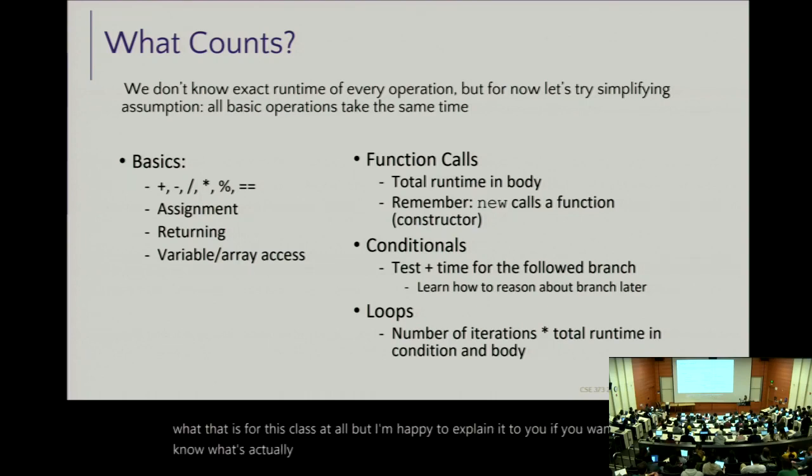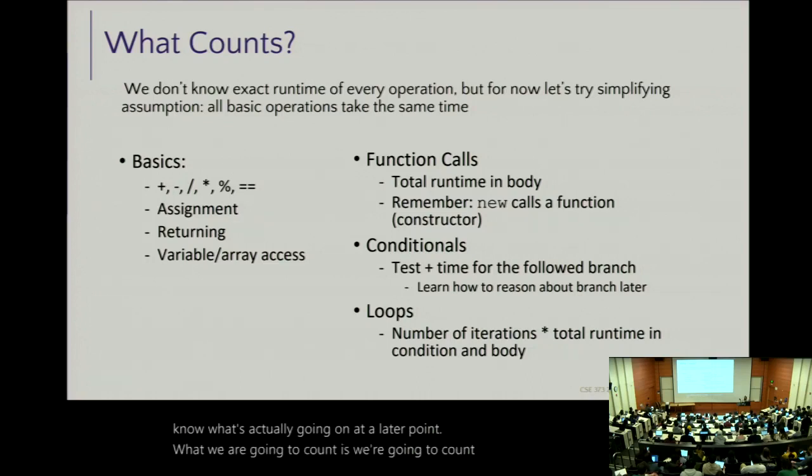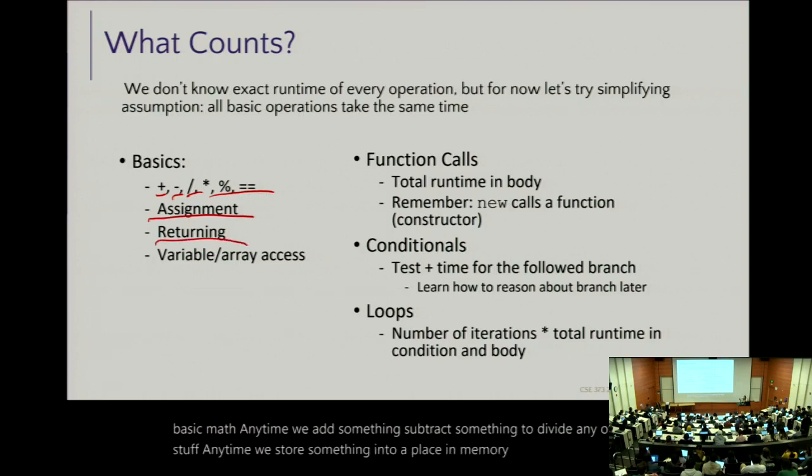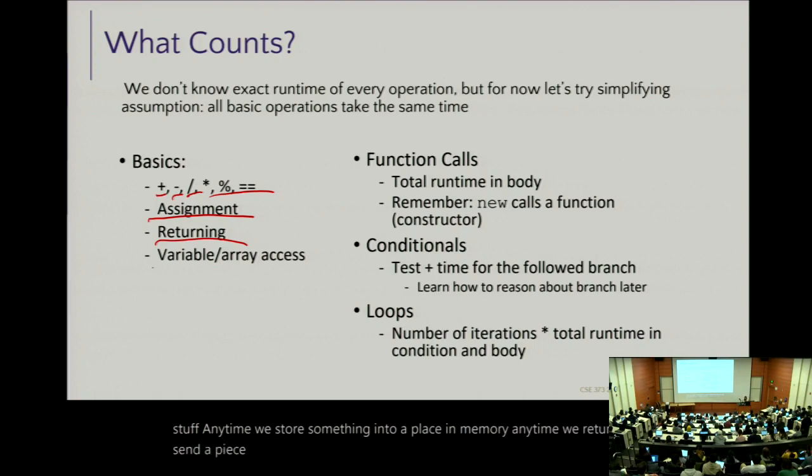What we are going to count is anytime we do any sort of basic math. Anytime we add something, subtract something, divide, any of that stuff. Anytime we store something into a place in memory. Anytime we return or send a piece of information somewhere else. Anytime we establish a variable or access a variable.